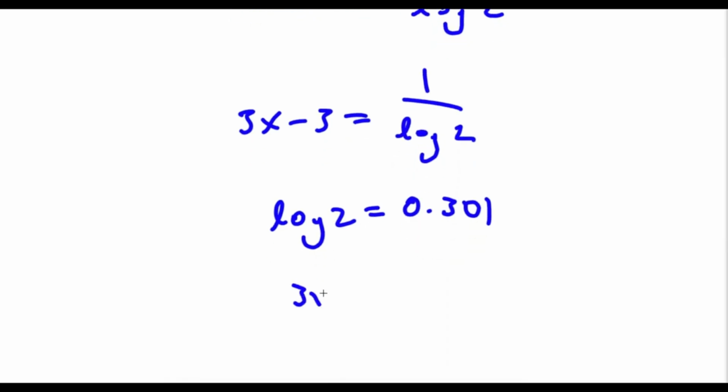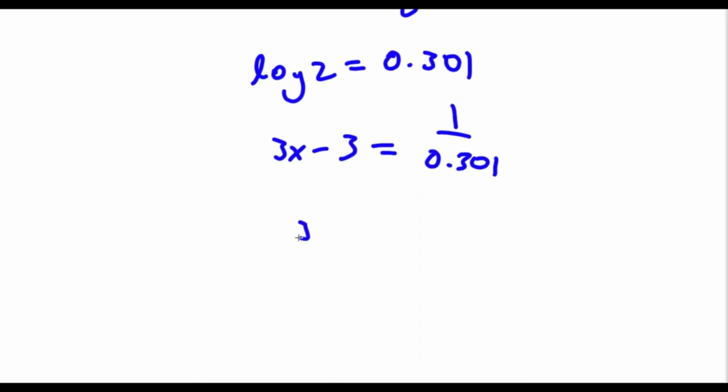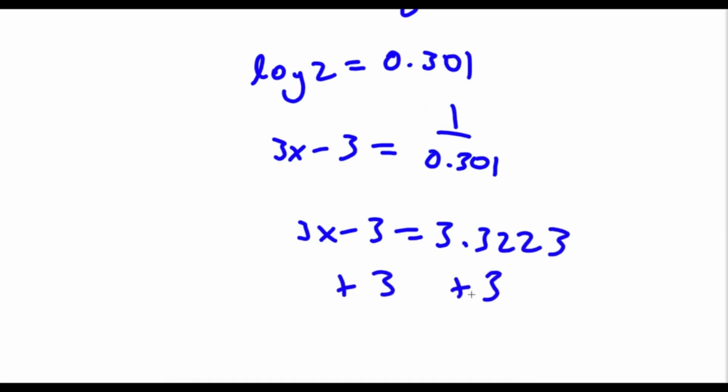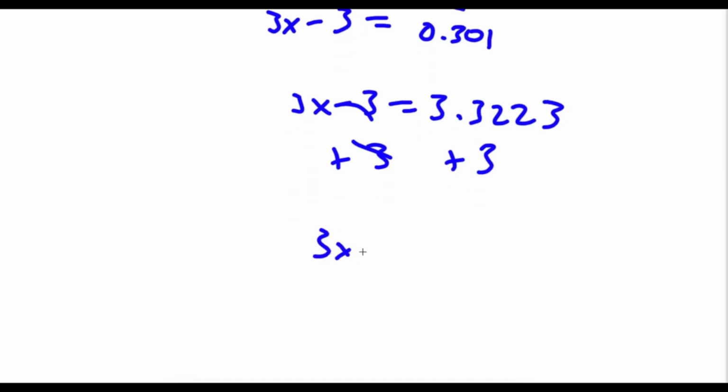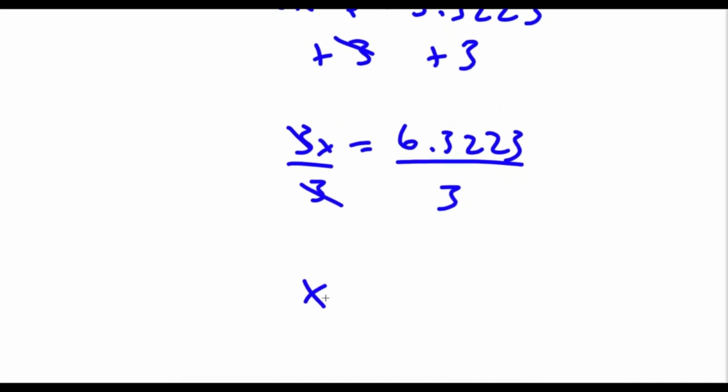So now I have 3x minus 3 is equal to 1 over 0.301. Now 1 divided by 0.301, that is actually going to be 3.3223. Now if I add 3 on both sides, I get 3x is equal to 6.3223. Now I can divide by 3 on both sides, and I get x is equal to 2.1074.